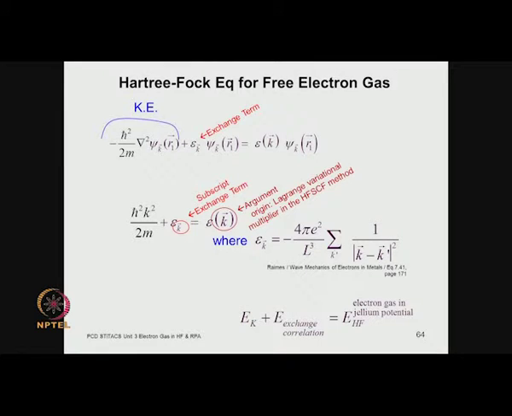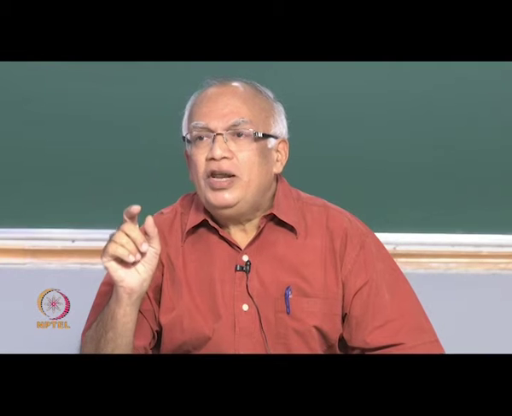So, essentially you have got the E k, the kinetic energy part, plus the exchange part, which give you the Hartree-Fock energy for the electron gas in the Jellium potential. Of course, we have already made some approximation. This is an electron gas, and the positive nuclear charge which is there in the metal is smeared over the entire region of the metal.